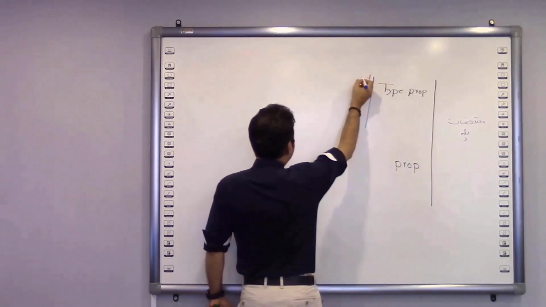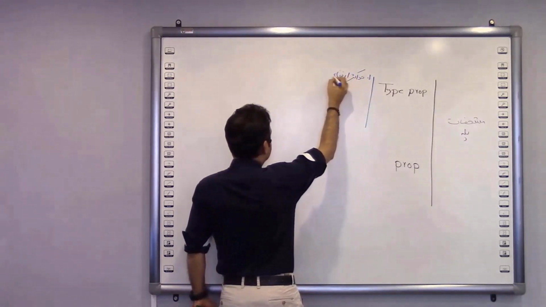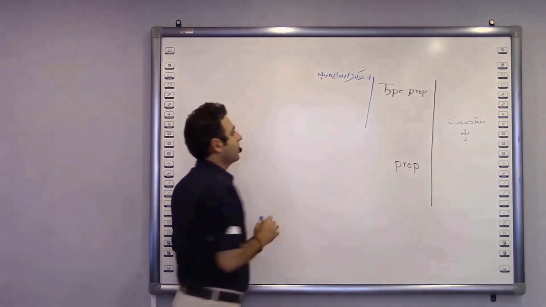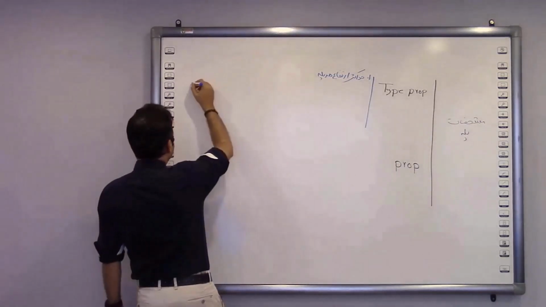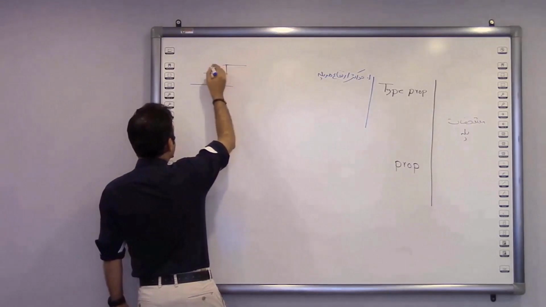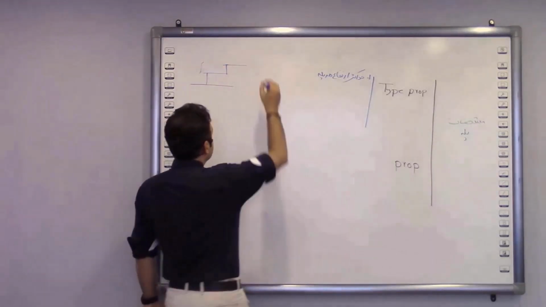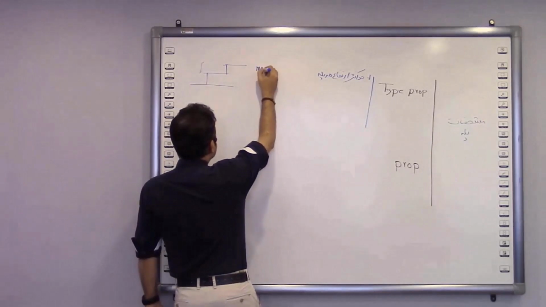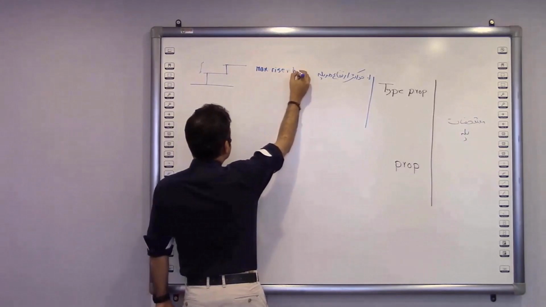The maximum of each stair riser height. The maximum of each stair riser height, right? For example, if this is our stair, we should say the maximum of this height here. Alright? The maximum riser height.